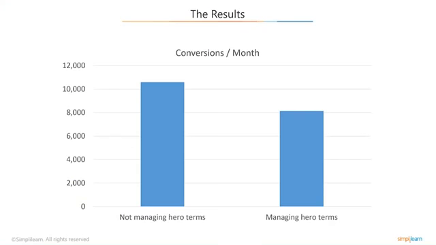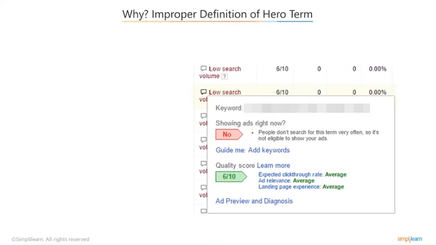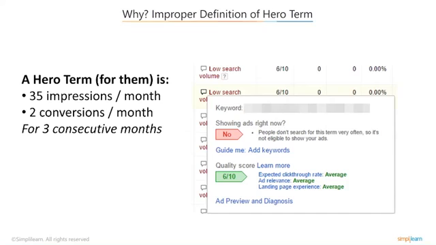Now, this is usually a process definition problem. So when you looked at their keywords, this is what was happening. Are you showing? No, because people don't search enough. So what they needed to do is not just say, this word's got a conversion, we make it an exact match.